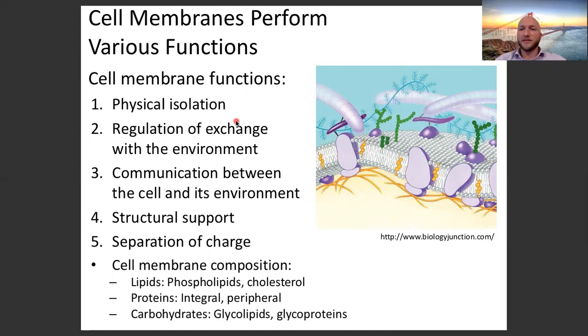So like the nucleus has a membrane. Mitochondria have membranes. And those membranes allow for compartmentalization. They allow for there to be a specific environment within the nucleus, a specific environment within the mitochondria that's unique, that allows for those unique chemical reactions to take place. So physical isolation, outside from inside, unique environment inside, unique environment outside.